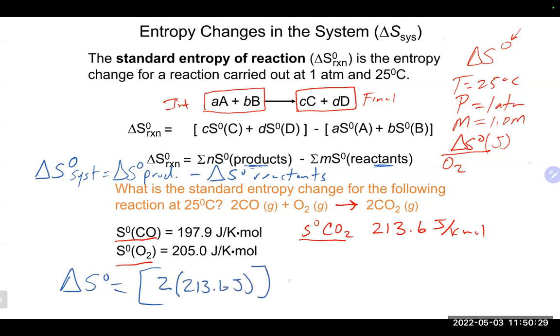That takes care of all of our products. We would then subtract our reactants: 2 times the value of CO, which would be 197, and we would also add O2, since we have just one of those.